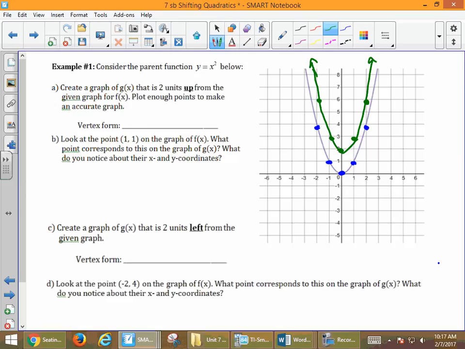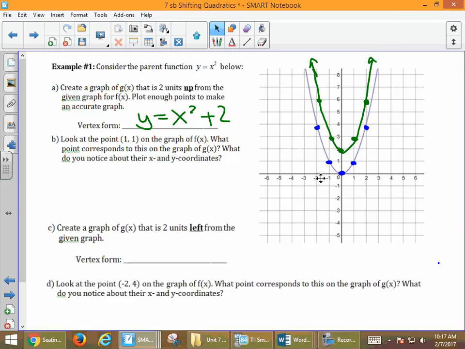Yeah, so it's going to be y equals x squared plus 2. So we just took the whole graph and we shifted it up 2. So if we look at the point (1, 1), which was this little point right here on our graph, what point corresponds to that on our new quadratic?